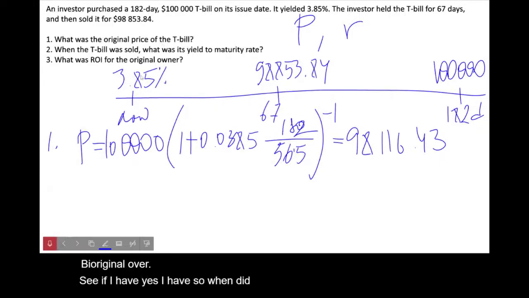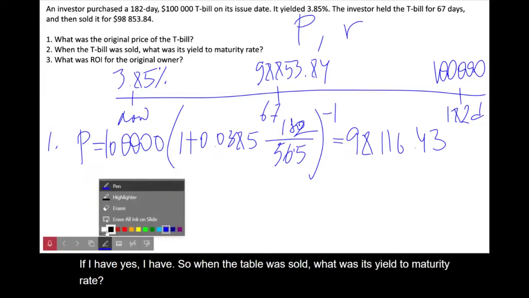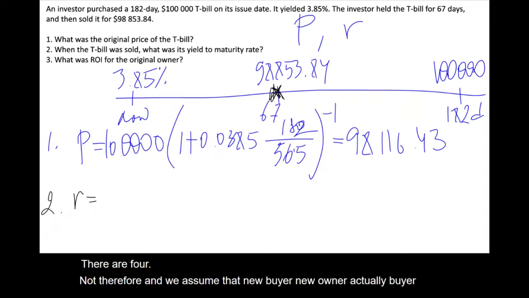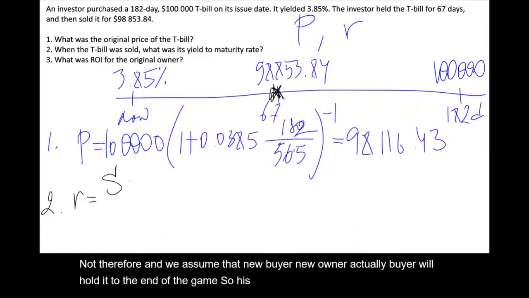So when the T-bill was sold, what was its yield to maturity rate? Yield to maturity, that's the interest rate. Again, it was sold at the point of 67 days, and we assume that the new buyer will hold it to the end. So his formula is this.